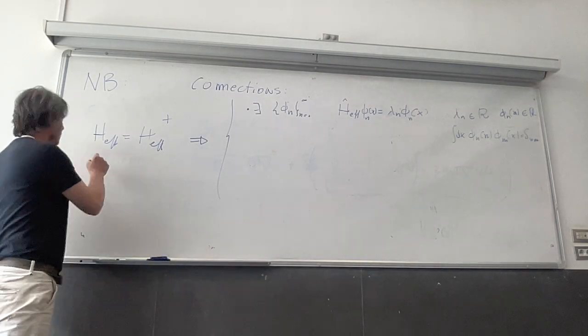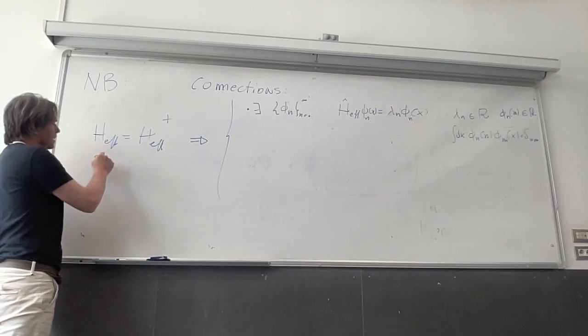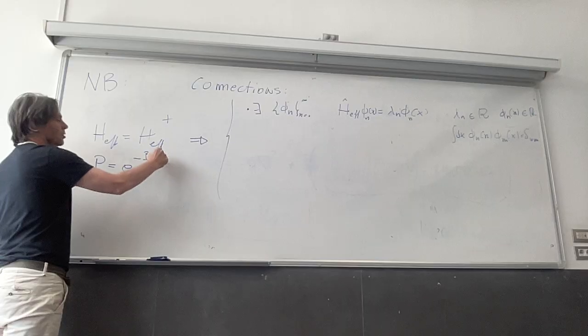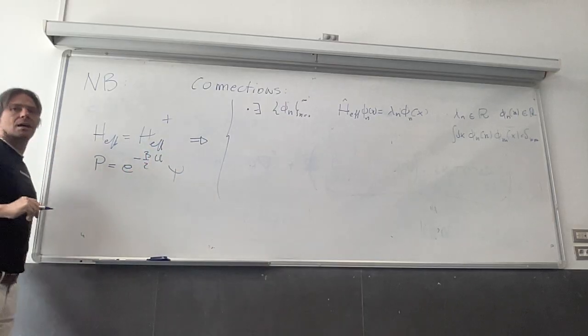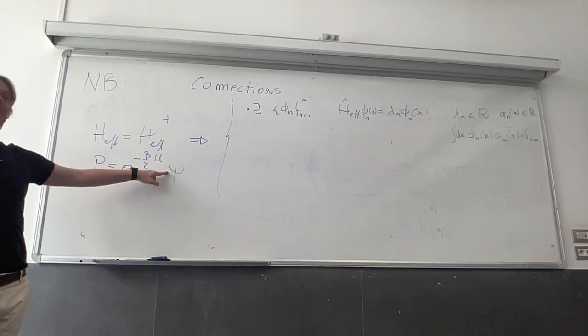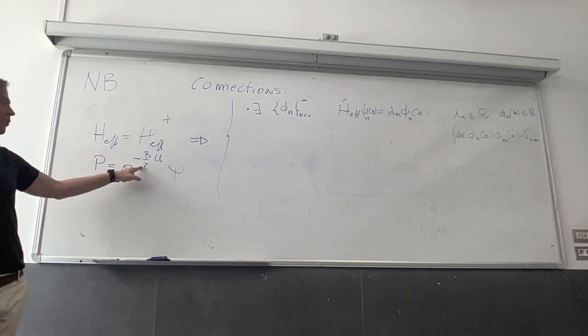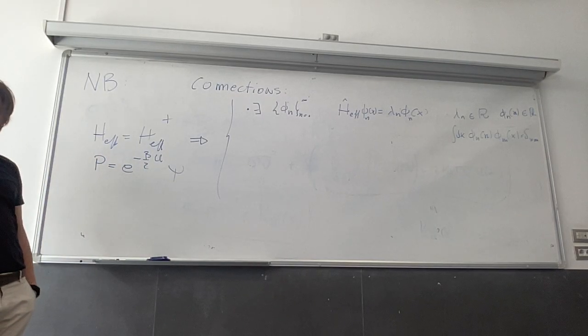But now I recall that P is equal to e to the negative beta half u psi. Why negative? Because I define psi to be plus P. So I'm bringing the exponent on the other side. Okay?